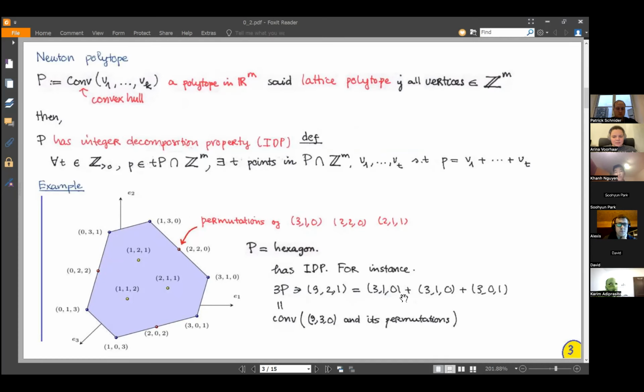So we consider k points v1 to vk in a real space. And if I take the convex hull of the k points, I get a polytope in real space. I denote the convex hull by P. And we say that P is a lattice polytope if all vertices are integer points.